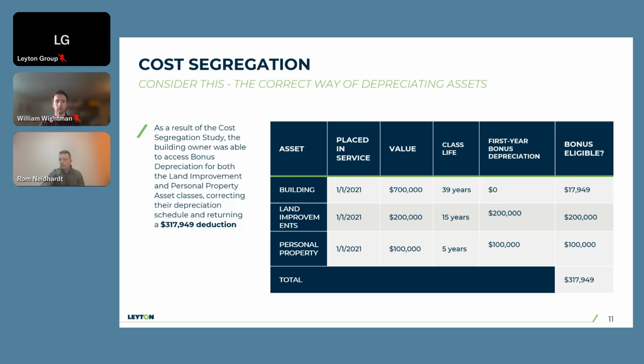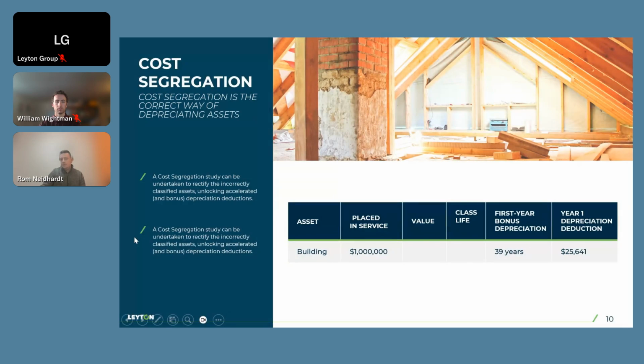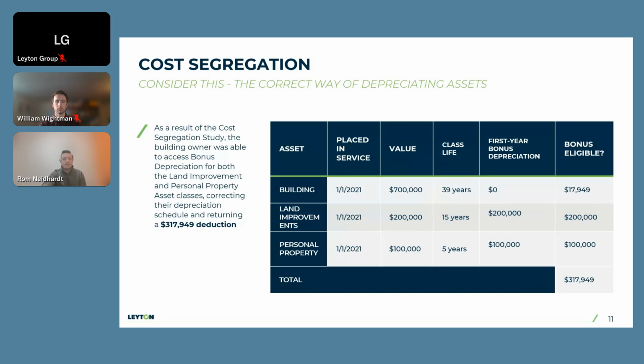So I'll just flip back one slide here. We started out with $25,000 of depreciation deductions. Because we're able to reallocate assets to more accurate class lives, you now have $317,000 of depreciation deductions in that first year that you're able to apply against income on your tax return. So that's what we're looking to do.